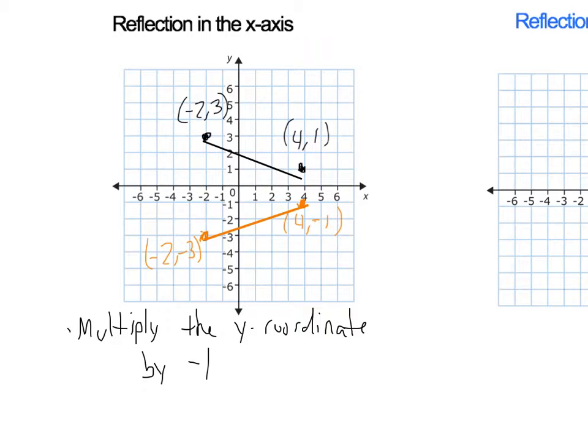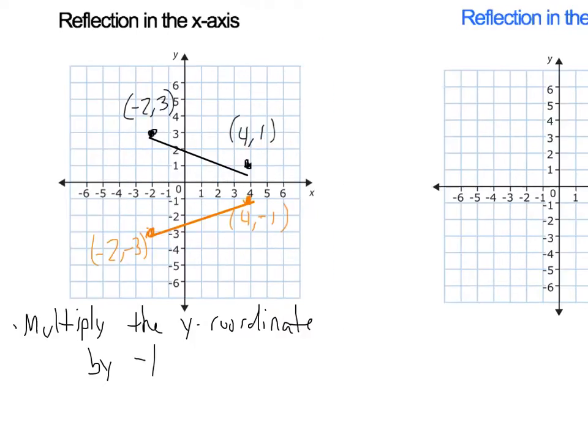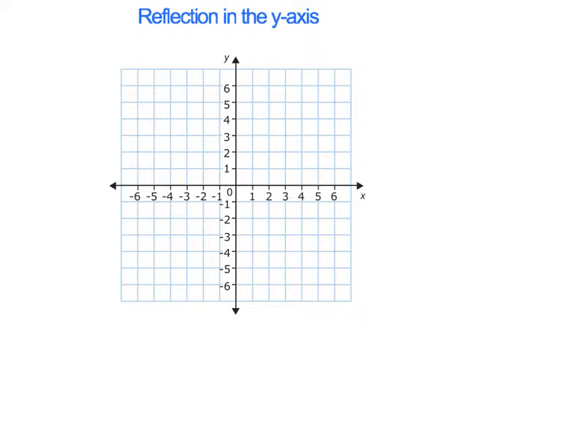So when we reflect in the x-axis, we multiply the y's by -1. When we reflect in the y-axis, we multiply the x-coordinates by -1. I should have typed it last time, but okay.